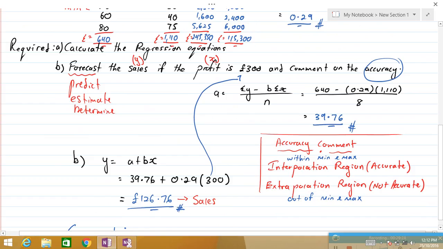For example, if we get 200, it is extrapolation. If we get 15, still extrapolation, right? Out of the minimum or out of the maximum. So that's how you check. Our answer is within, therefore it is the interpolation region.